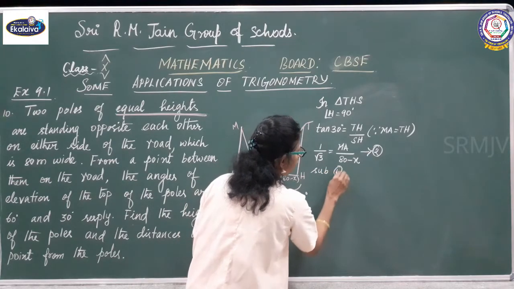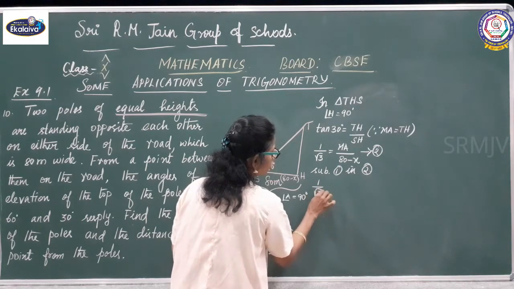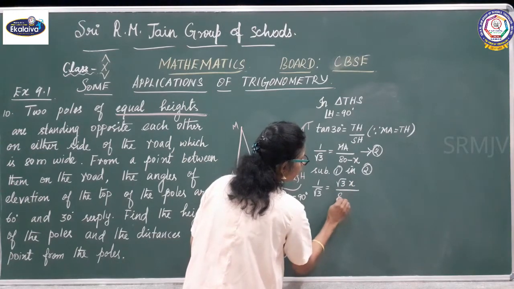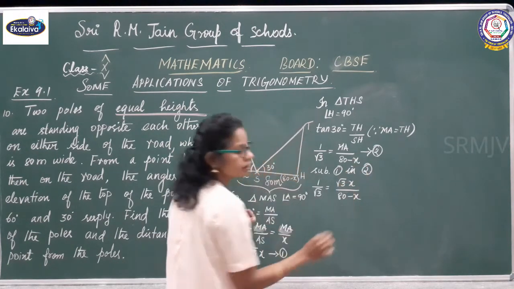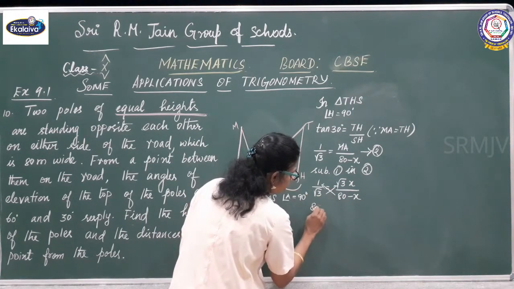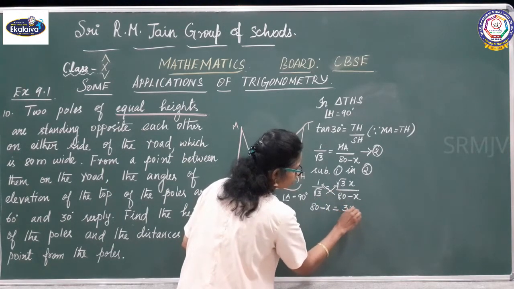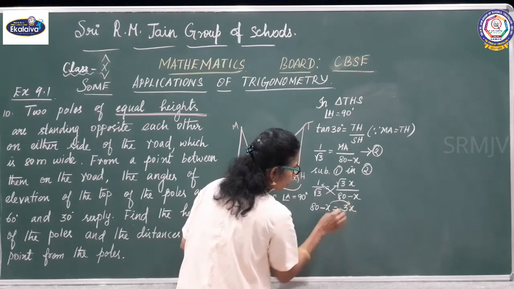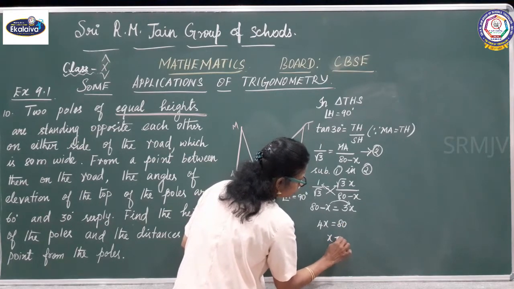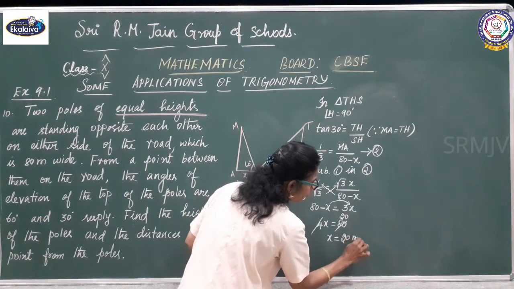Substitute 1 into 2: 1 by root 3 equal to root 3x divided by 80 minus x. Now you cross multiply. 80 minus x equal to root 3 into root 3, that is 3x. Shift x to this side, you will get 4x equal to 80, x is equal to 20 meter.